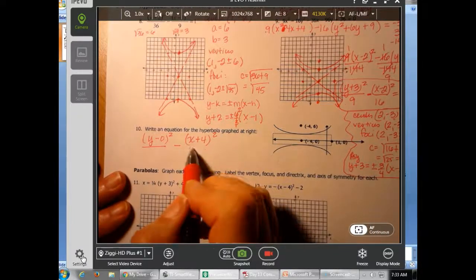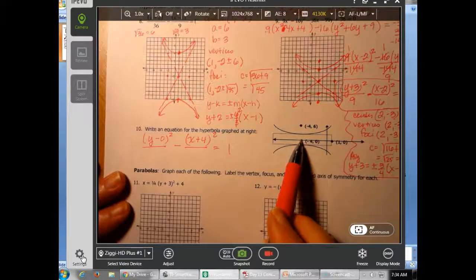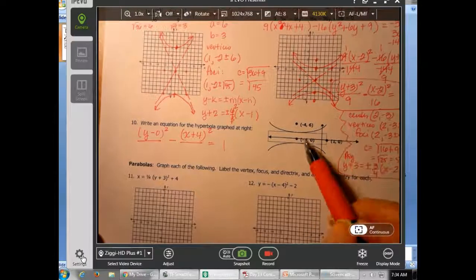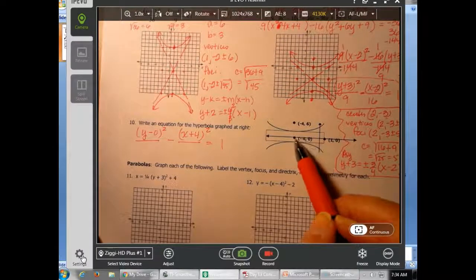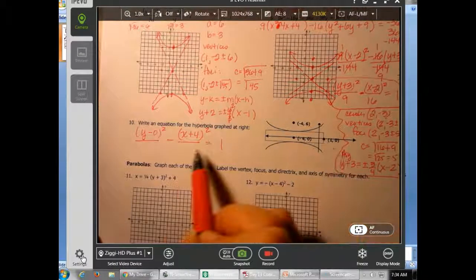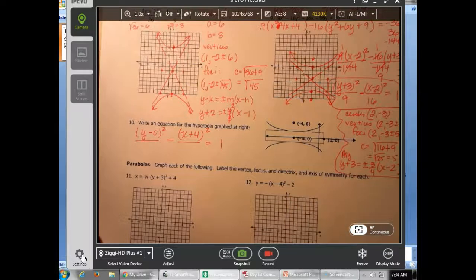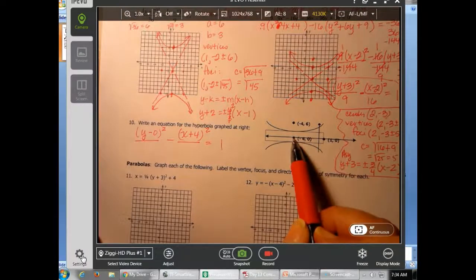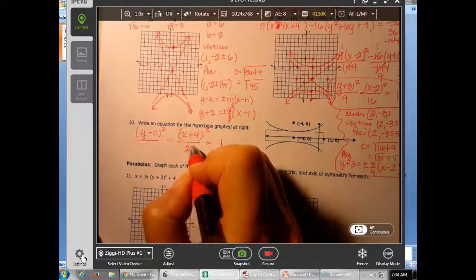So if I was graphing this, this would be a -4, 0, which is what I have for the center. Now, apparently this is supposed to be the covertex. So this is your left-right movement, so it's going to go right underneath the denominator for x. So if I'm going from -4 over to 1, that distance is 5 because I have to go -4 to 0 and then 1 more. So this is going to be 25.